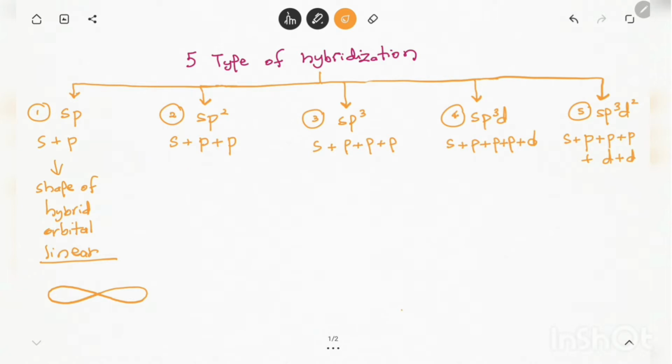And then for sp2 orbital, the shape is trigonal planar, so we draw trigonal planar shape. And then sp3 is tetrahedral.